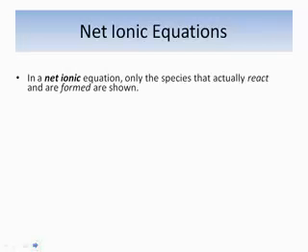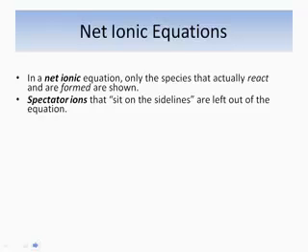Okay, net ionic equations. In a net ionic equation, basically we're only going to show the species, and it could be ions, could be molecules, that are actually reacting and that are actually formed. So this is a way to show exactly what's going on.